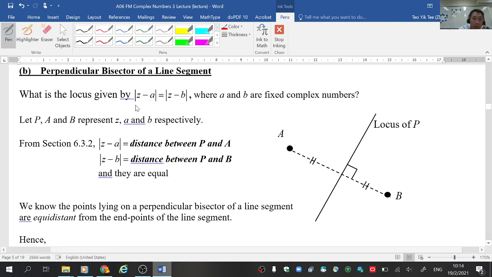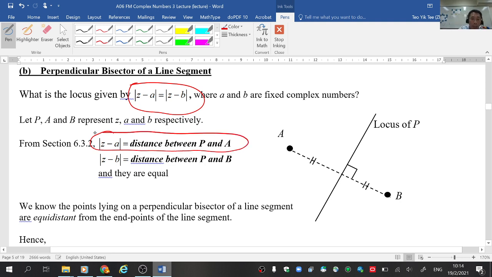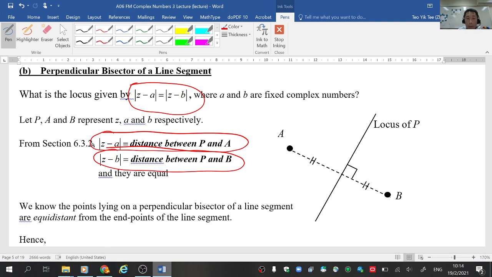So again, we're going back to the fundamentals. |z - a| will mean the distance of complex number z from A. The distance of complex number z from A must be equal to the distance of complex number z from B. So if you fall back into this understanding, how can I have z such that it is always equidistant from point A and point B?